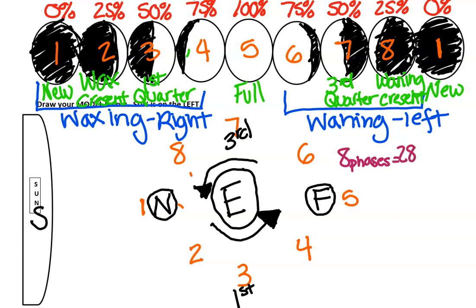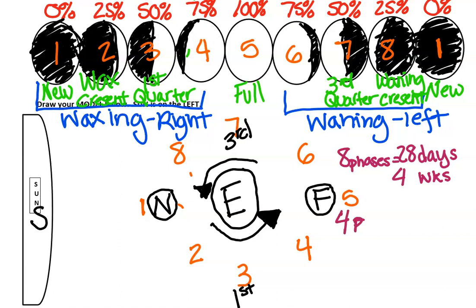In general, we'll use the term it takes about a month. It's not exact, but it takes about 28 days, or we know that as 4 weeks. So to go the entire way from new moon back to new moon, or say full moon back to full moon, that takes about 28 days.